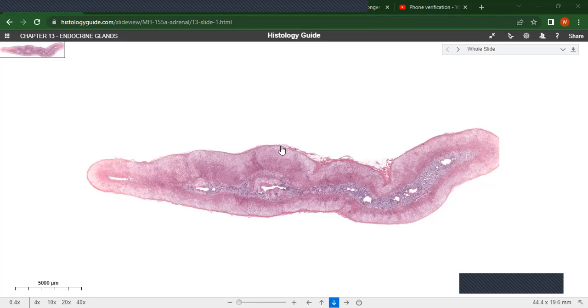So then it has two parts. From here to here is the adrenal cortex. Then this inside here is the adrenal medulla. So it has the adrenal cortex and the adrenal medulla.